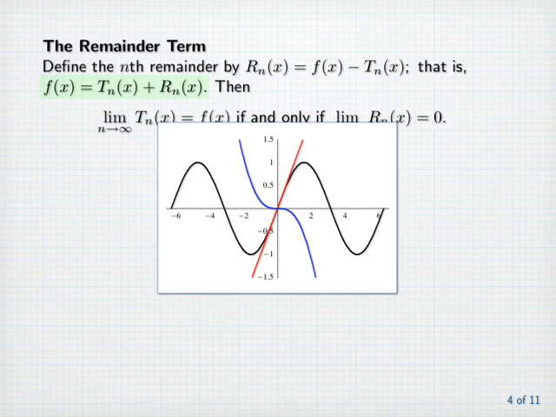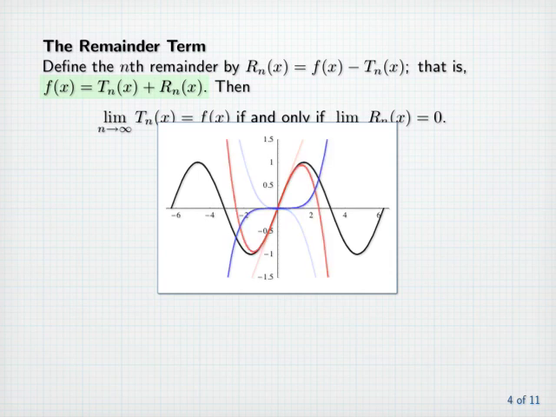Let's look at the graphs of the first several of these remainders in the case of the sine function. Here we see the graph of sine x along with the linear approximation, which is t1 of x, and the blue graph is the remainder r1 of x. That's just the difference between sine x and its linear approximation at 0. Notice that the remainder is very close to 0, where the Taylor polynomial provides a good approximation of sine x.